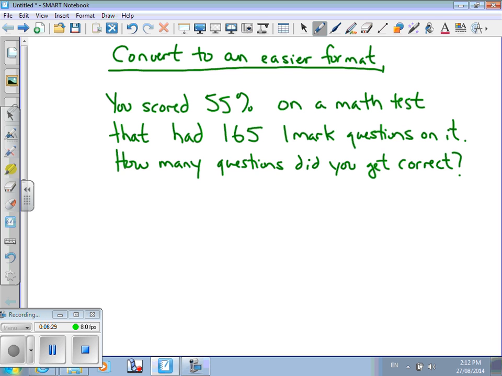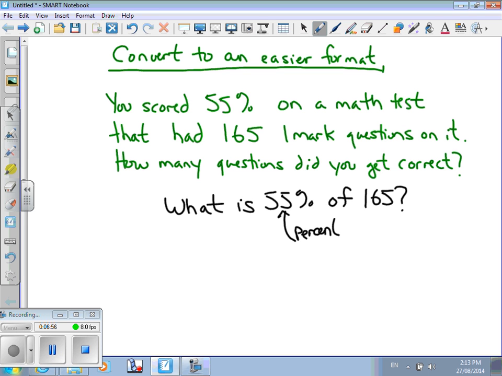Going back to that previous format, with all these words, what's really being asked is, what is 55% of 165? 55 is our percent. 165 is the whole.